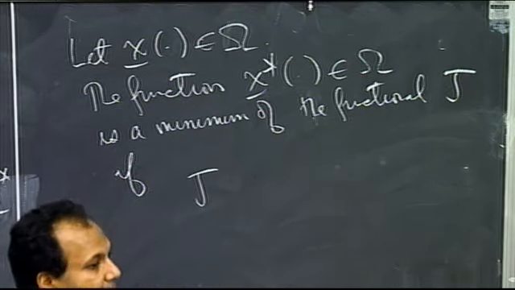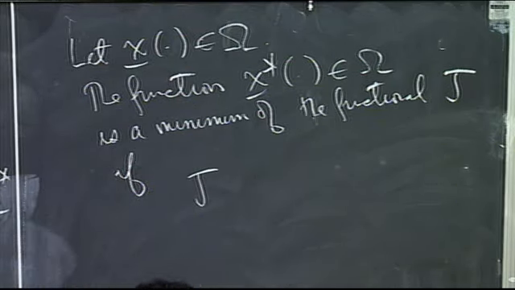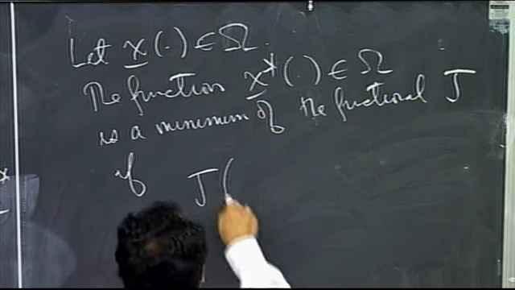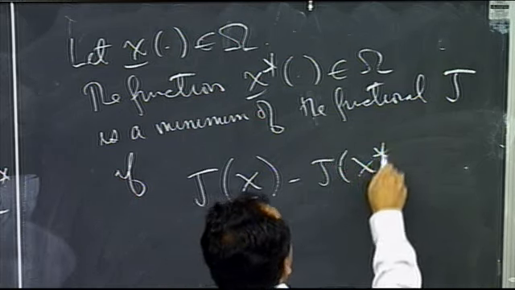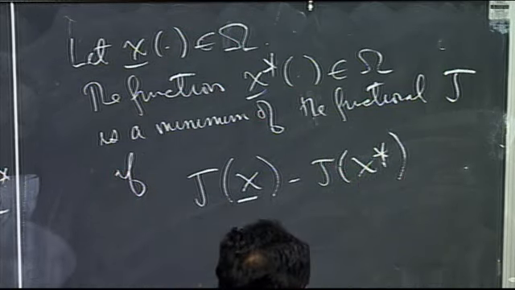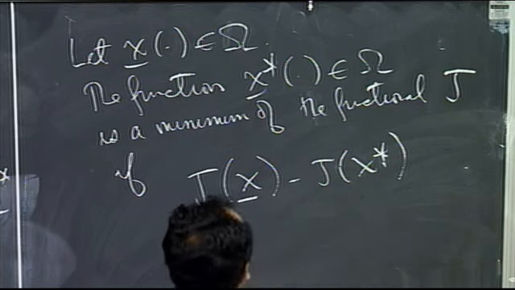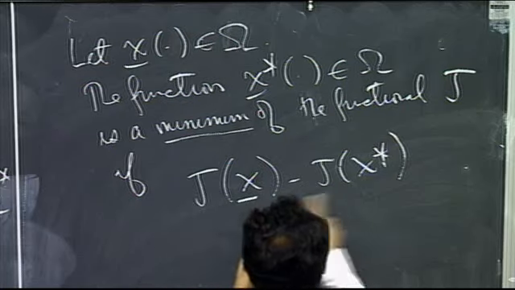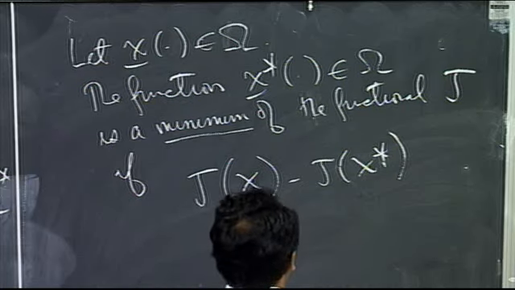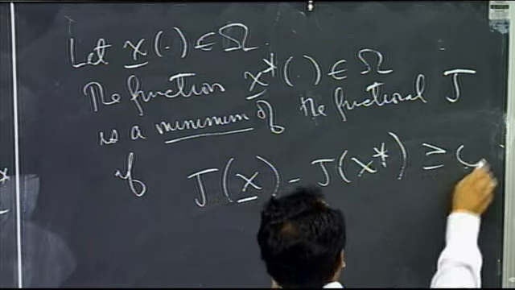What would have to be true here? We would say it's a local minimum if J applied to any function x minus J applied to x star is what? If I take the difference between these two, what should I get if this is a minimum? Should this be bigger than 0 or less than 0? Should be bigger than 0, right?